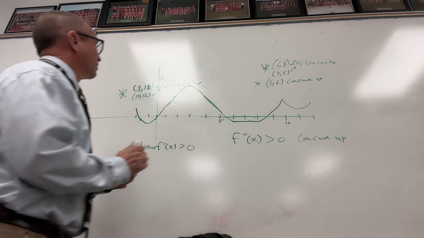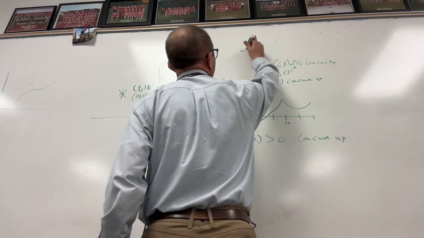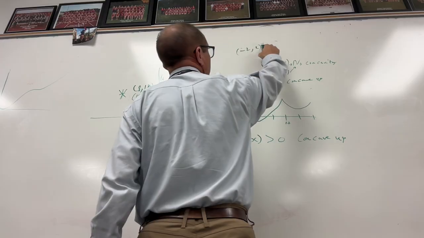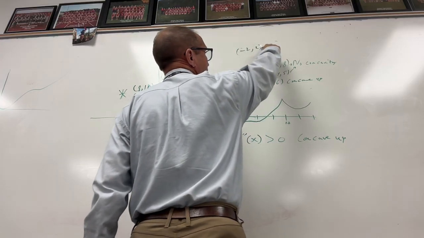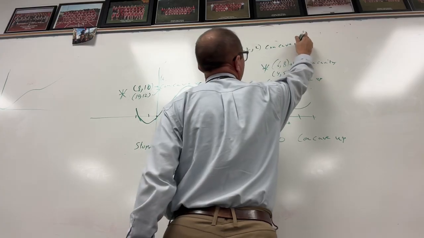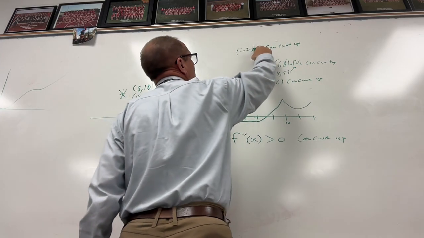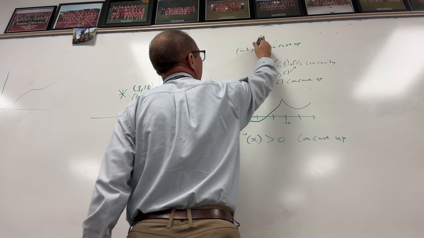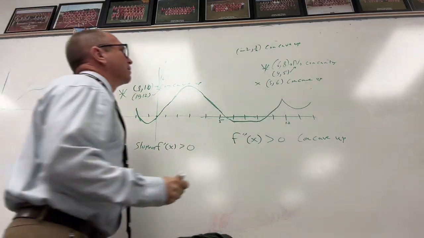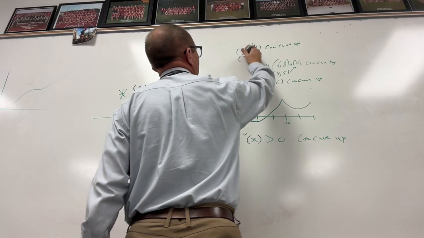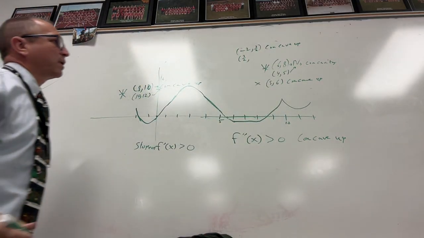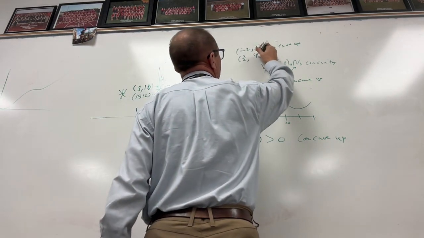From -2 to 2. And then concave down from 2 to 4. All right, so from -2 to 2, you're saying it's what, concave up? Okay. Now, you're right, but I'm going to call that 3/2 because it looks like it starts decreasing just a little bit. But you got the right idea there. So from 3/2 to what? 4. To 4, we are what? Concave down.